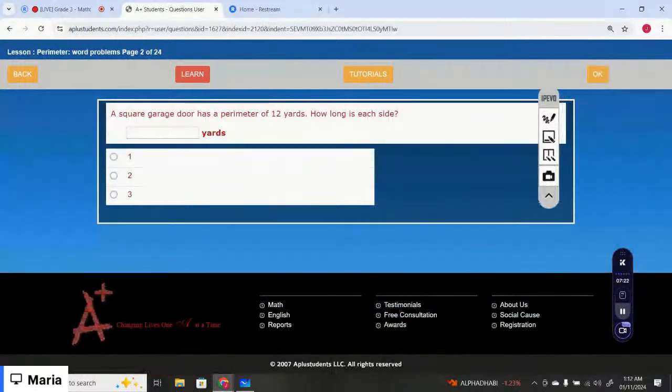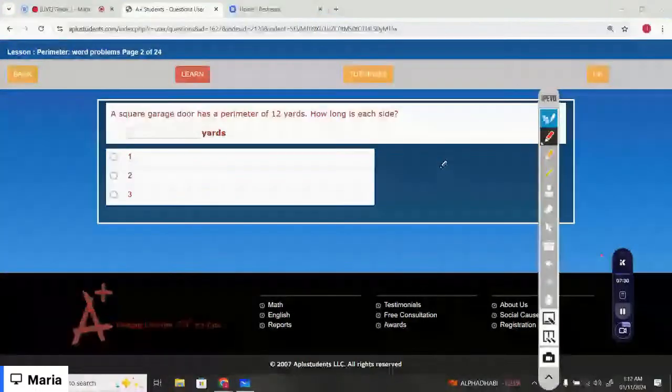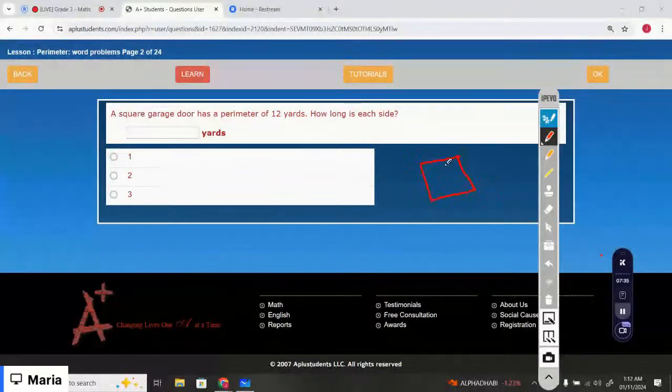A square garage door has a perimeter of 12 yards. How long is each side? So that is a square door, right? A square has all four sides equal in measurement. You are given the perimeter. So the perimeter of the square is 4 times the side, right? So that is 12 yards. So 12 equals 4 times S. You need to calculate S, the measurement of the side.